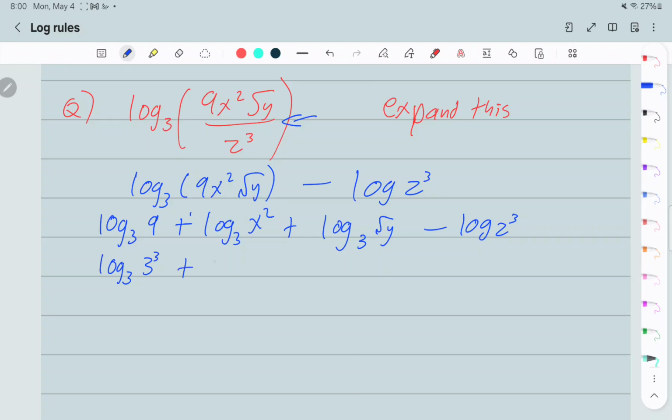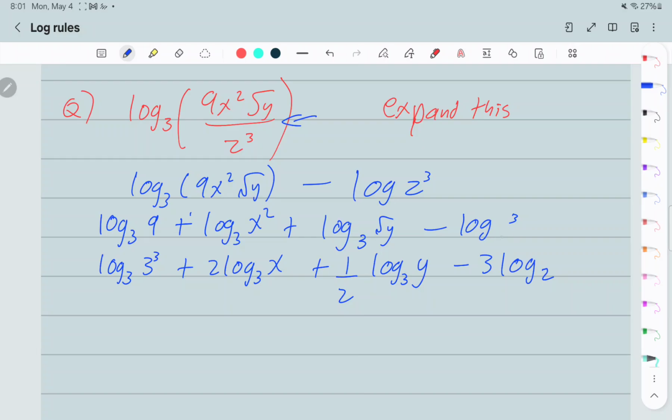Now this x squared has a square on top, so according to the power rule, we can bring this 2 down, so it's going to be 2 log 3 of x. Similarly, y has an exponent of 1 over 2, which is indeed the root, so you can write 1 over 2 log 3 of y. And over here you can directly bring this 3 down, minus 3 log of z.